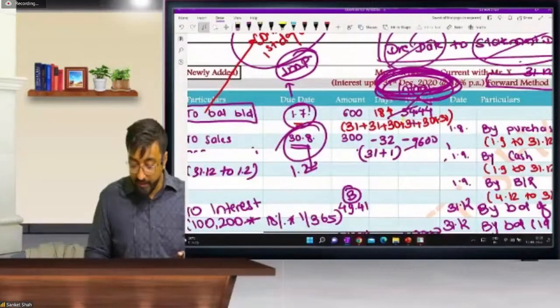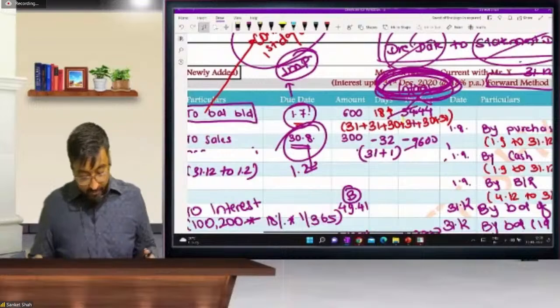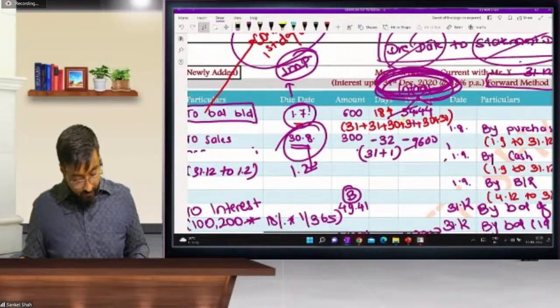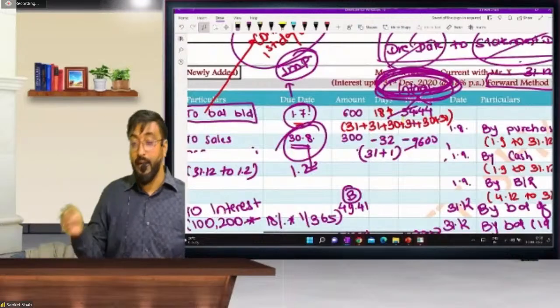When to use reading interest concept, beta? Reading कब आएगा? Reading is due date is after statement date. Write down it somewhere.